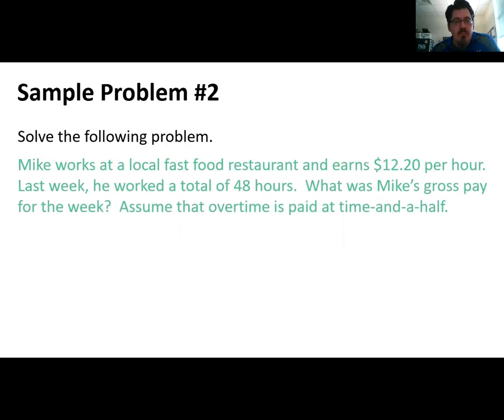All right, now one twist to the hourly pay situation is if somebody is working overtime. In general, overtime is determined by 40 hours of work. If you work a 40-hour work week, that's considered normal regular time, but anything that you work over the 40 hours is considered overtime.